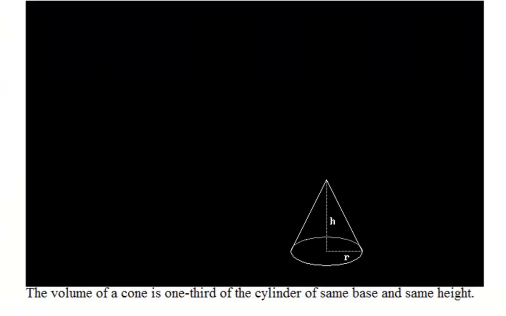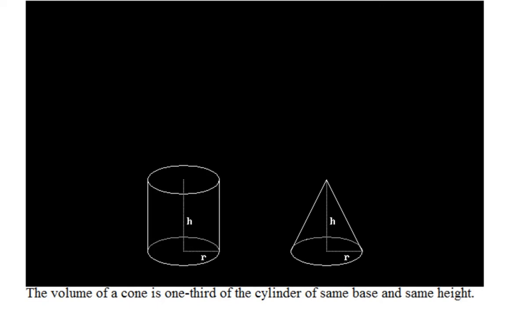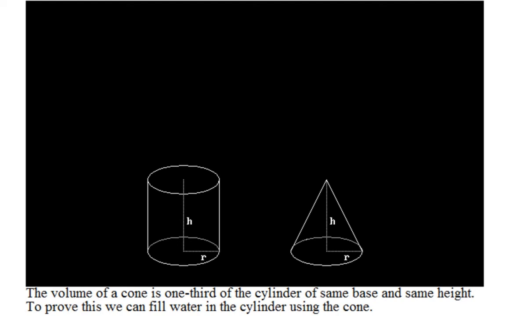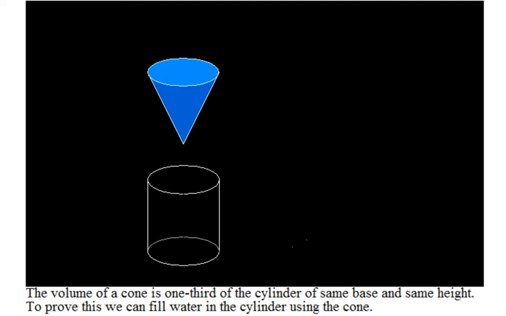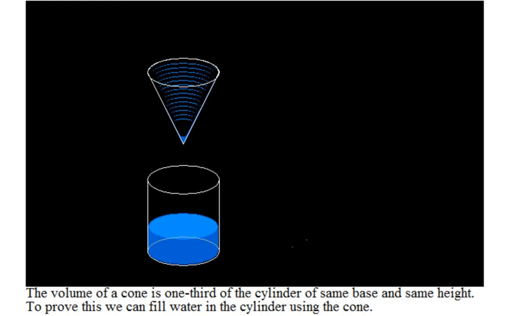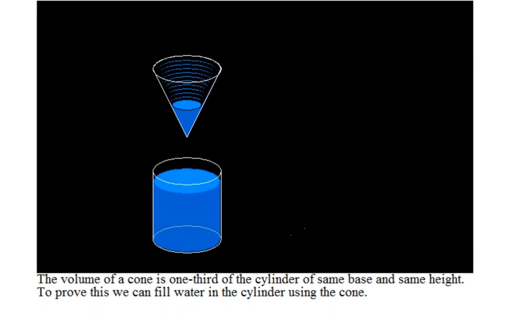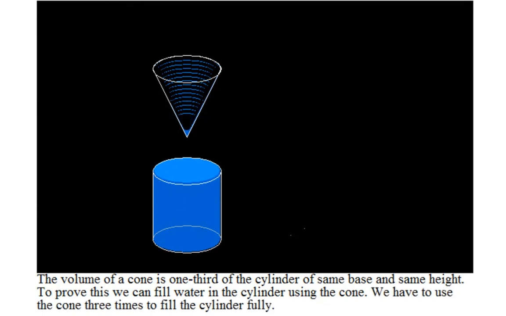To find the volume of a cone, compare with a cylinder of same radius and height. The cylinder is filled using the cone. We have to use it 3 times.